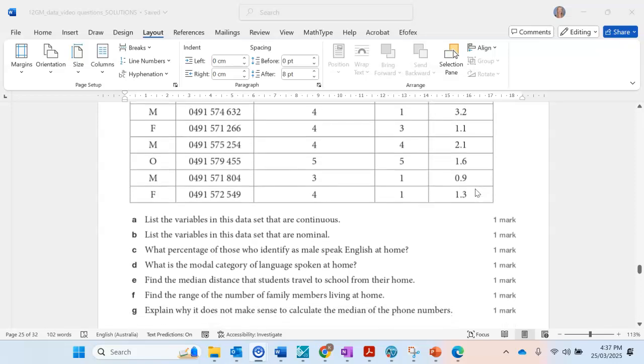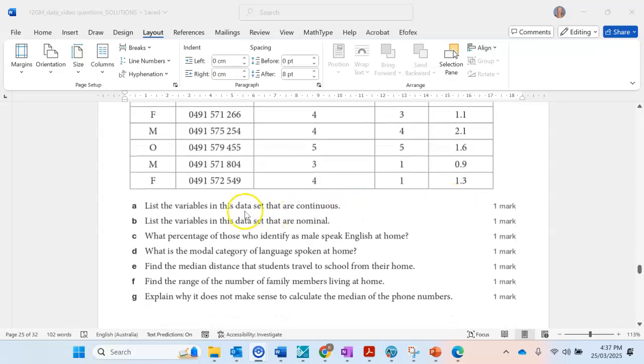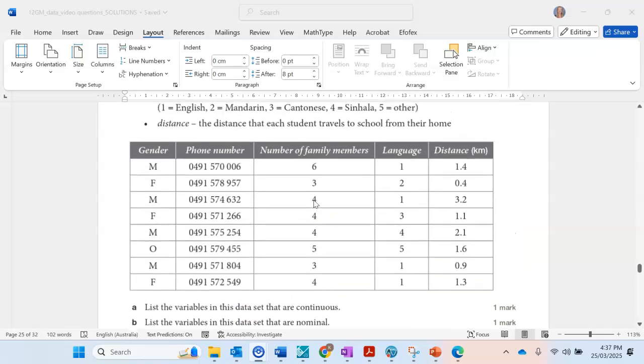All right, so with this question we want to define the variables, the type that they are. So continuous, that would be numerical continuous. We've got nominal. Let's just have a look at the types of variables that we have.